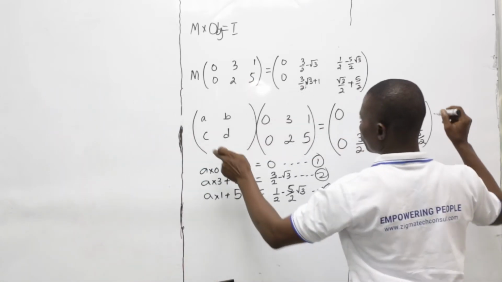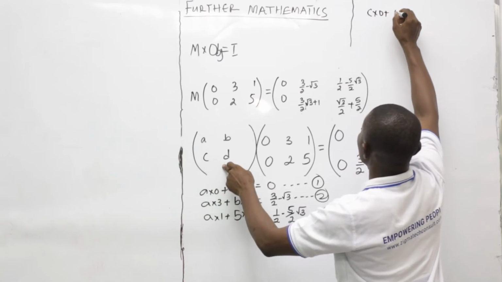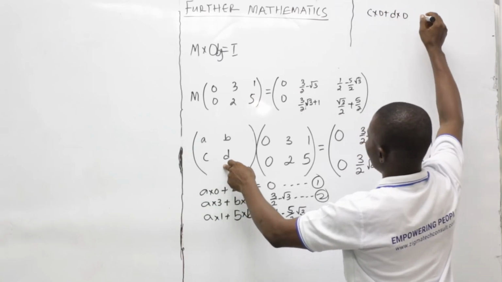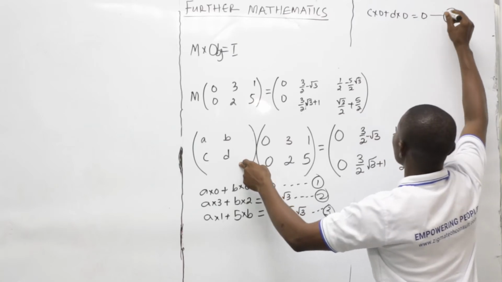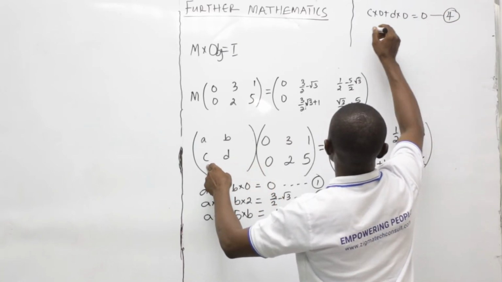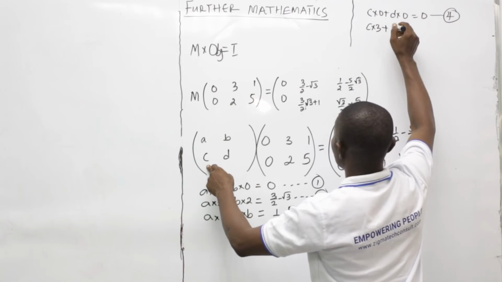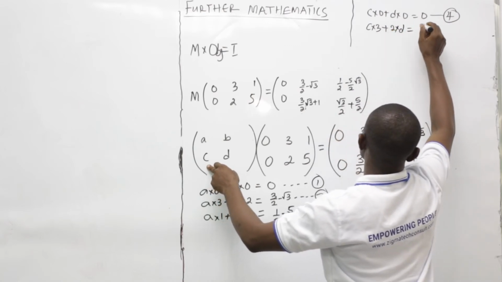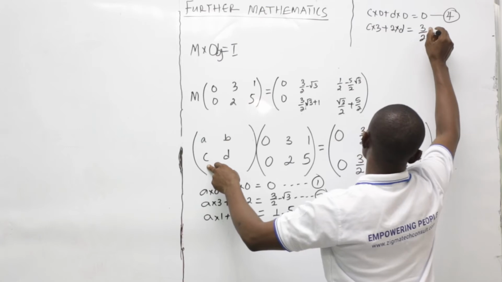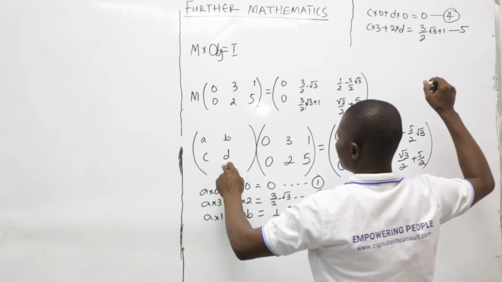Forming equation 4, C times 0 plus D times 0 equals 0, equation 4. C times 3 plus 2 times D equals 3 over 2 root 3 plus 1, equation 5.